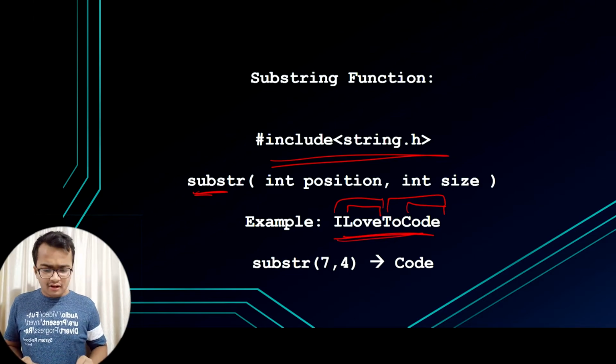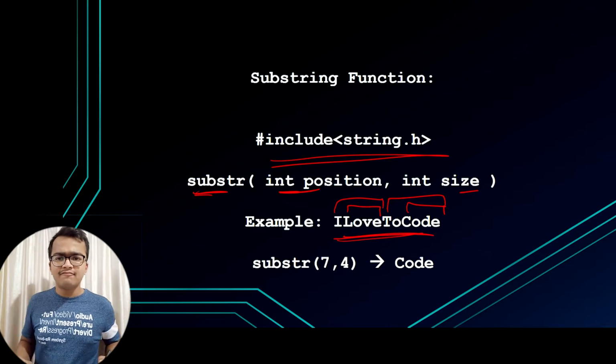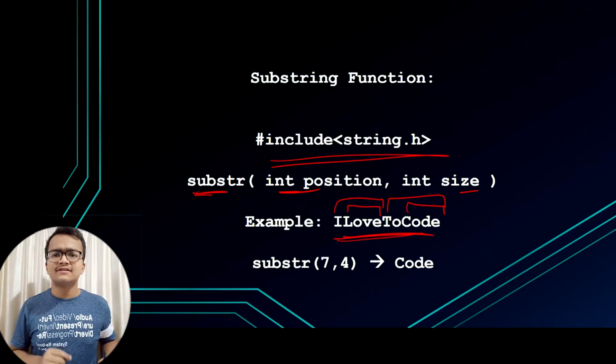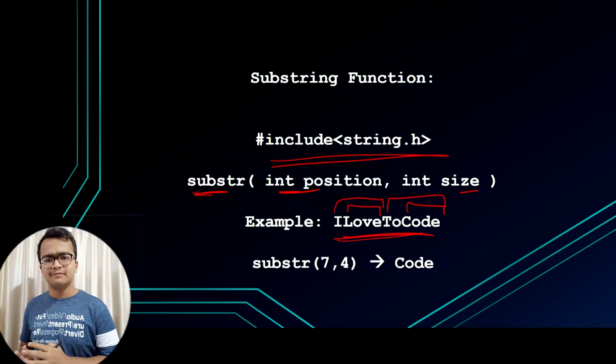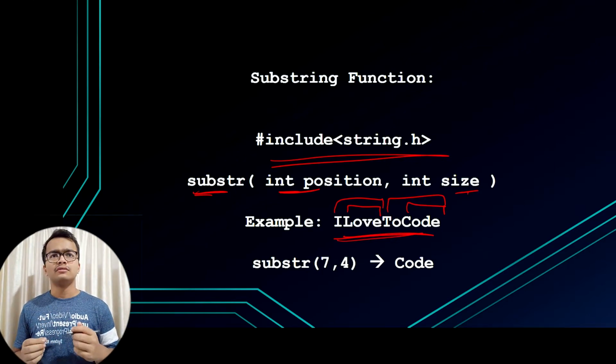It has two parameters. The first parameter is the position parameter and the second is the size parameter. In the position parameter, we specify from which position of the string we want to extract the substring, and in the size parameter, we specify the size of the substring that we want to generate.